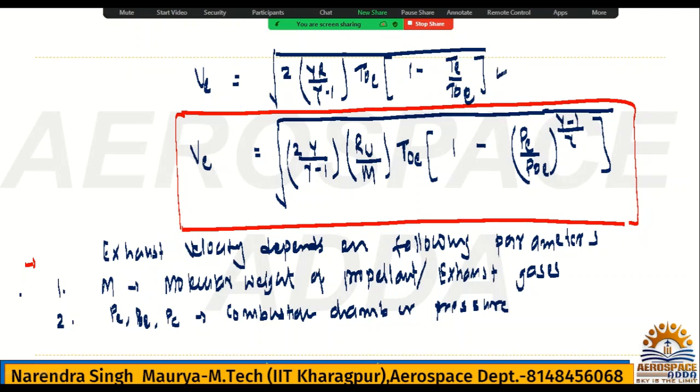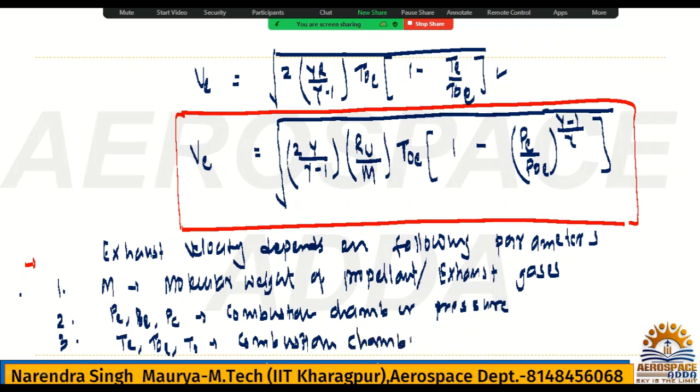This formula indicates it also depends on T naught E, or T naught, which is nothing but the combustion chamber temperature. I must say the combustion chamber pressure will be P naught E or PC, not P. P is the exit pressure. Sorry, need to remove this.